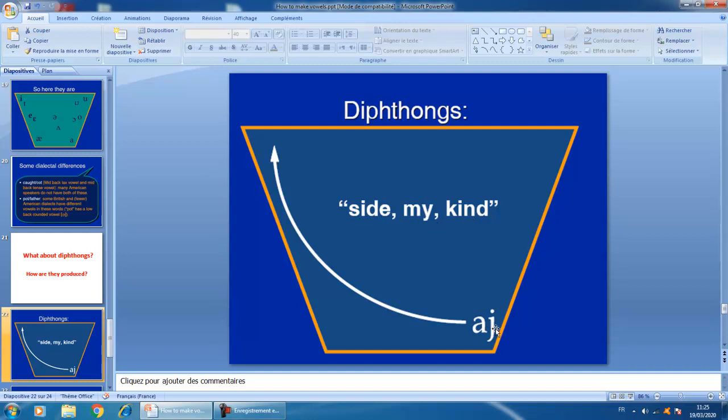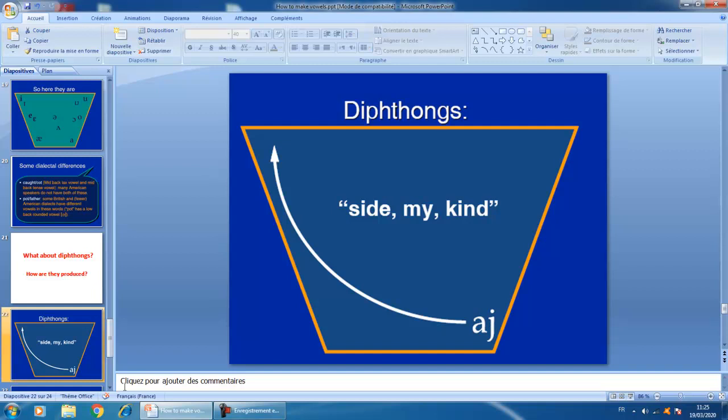The diphthong I is found inside my, kind. So we move from the position of A to the position of A. Look at the movement of this arrow here. It seems that we have got two vowels involved.